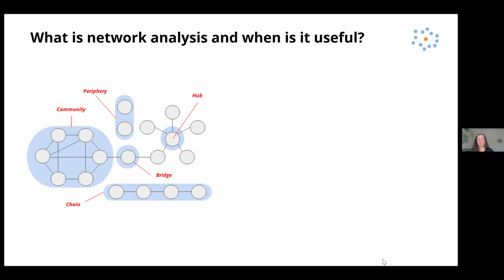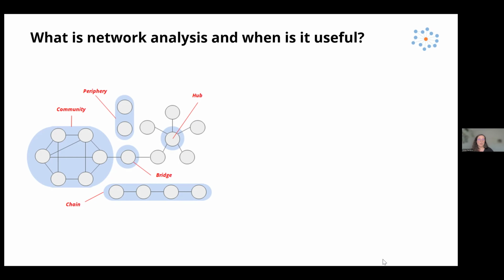So for example, we can look at an ecosystem and say, is it fragmented or not? Is it centralized? We can identify different key nodes that play very interesting roles. For example, the hubs or very popular individuals or organizations, bridging ones, connectors within the ecosystem, nodes that connect otherwise unconnected parts of the system.